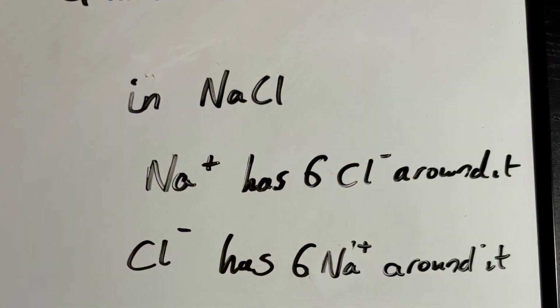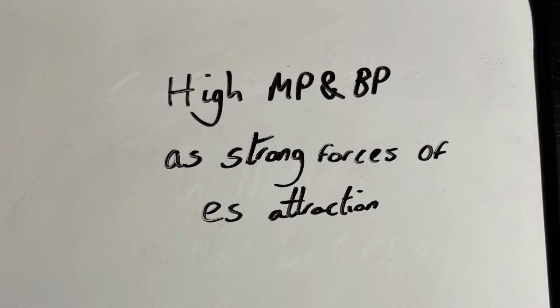And what that means is in an ionic compound, so in this example, sodium chloride, sodium plus ions will have 6 chloride ions around it, which will have 6 sodium ions around it, etc., etc., and it will go on forever, hence giant. Now, these strong ionic bonds mean that any structure has a high melting and boiling points because of the strong electrostatic attraction between oppositely charged ions.